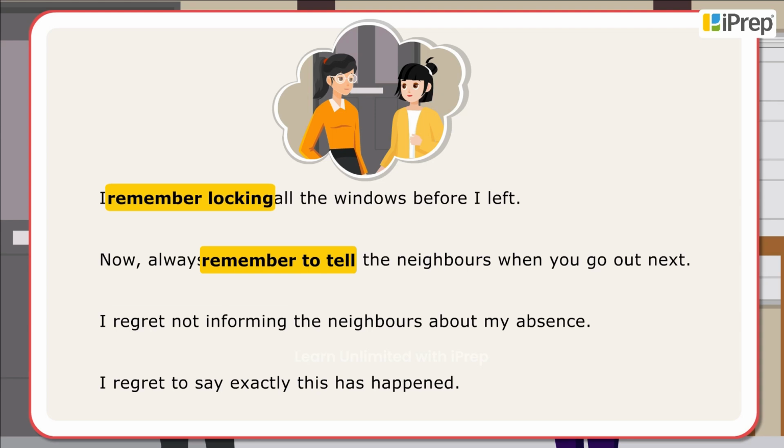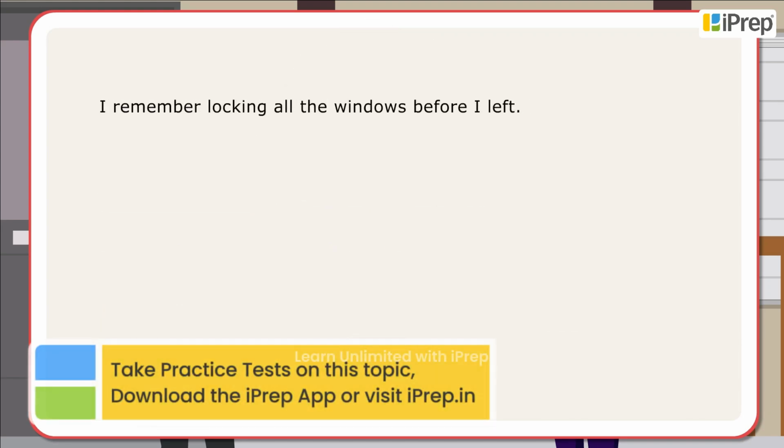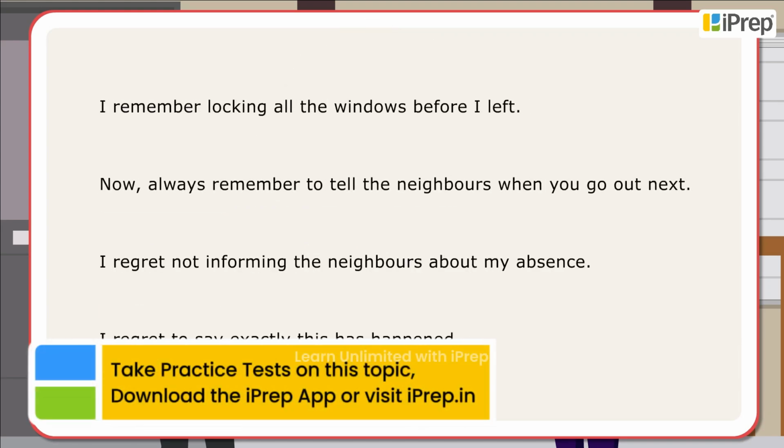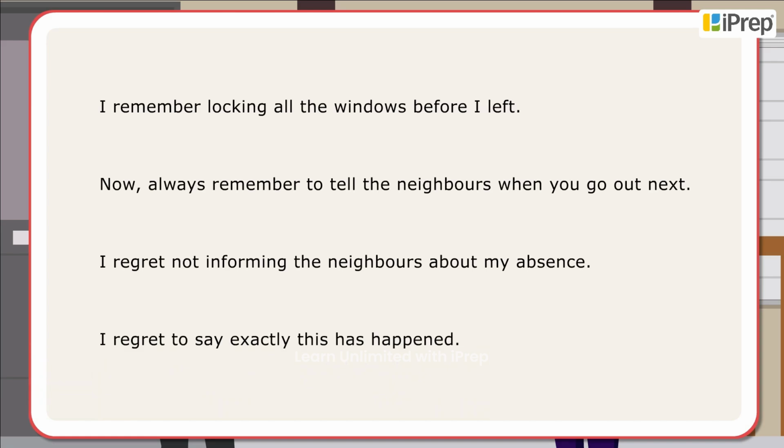Similarly, when verb regret is followed by ing, it means that the action has taken place earlier and you regret it later. When regret is followed by to and infinitive, it means that you feel regret and then the action takes place.